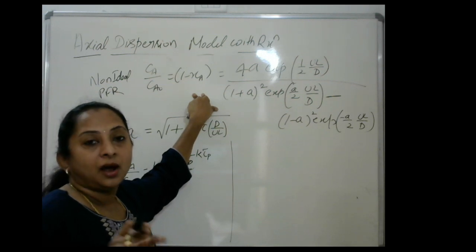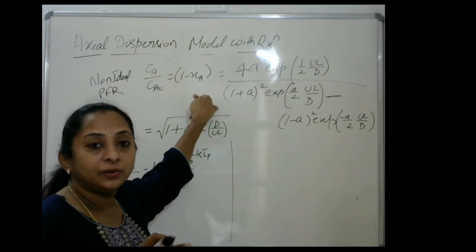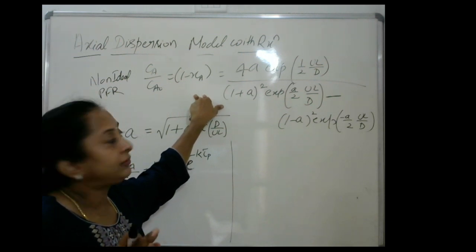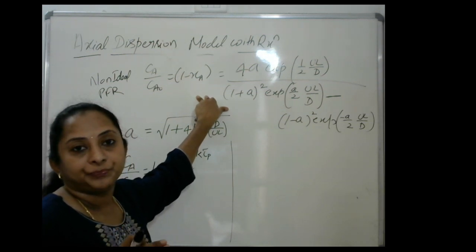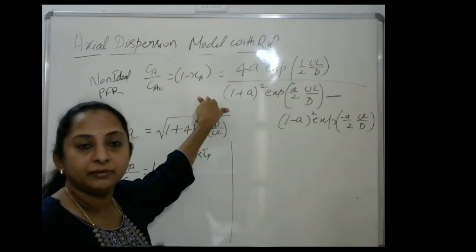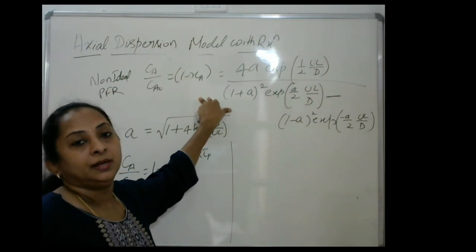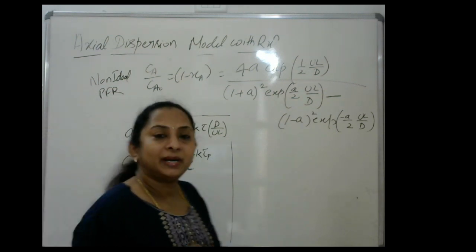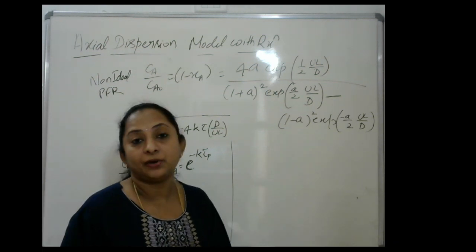I can say out of 10 liters, only 5 liters are getting processed. For the other 5 liters, I don't know what is really happening. So we develop the equations to check the extent of non-ideality. This is how we can estimate the extent of non-ideality.